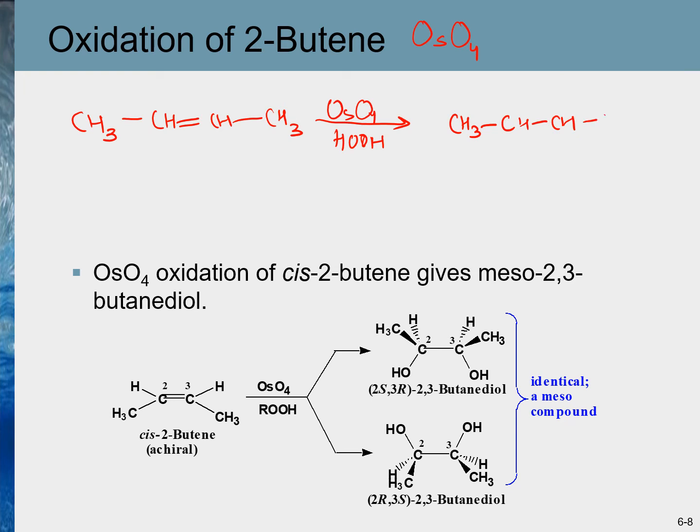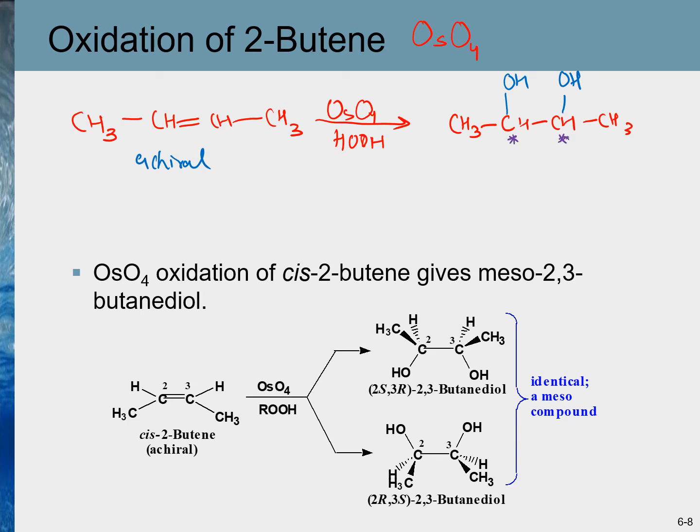And this addition takes place at the syn side, that is, the OH groups are present on the same side. Again, in this reaction, our starting material is achiral, but our end product does have 2 chiral centers.